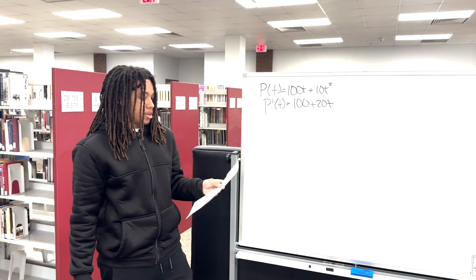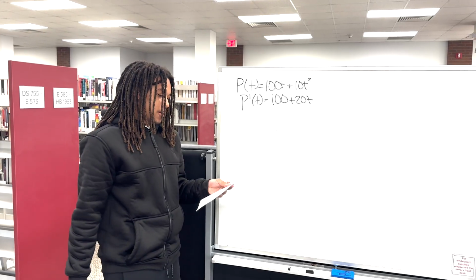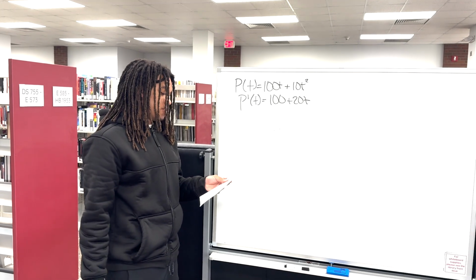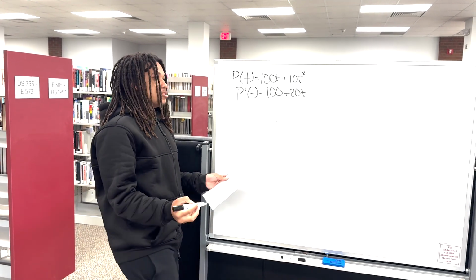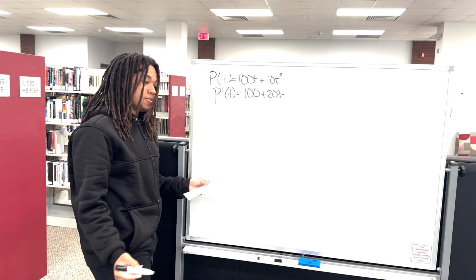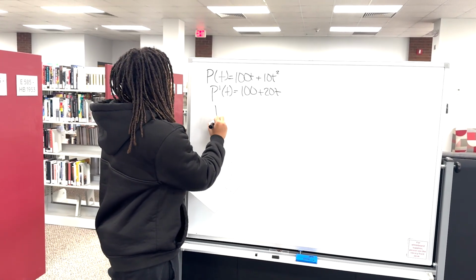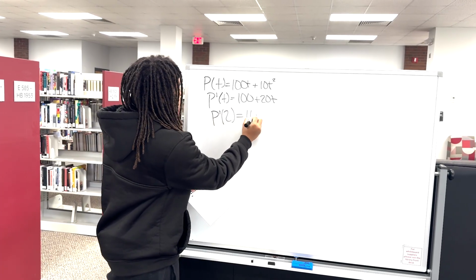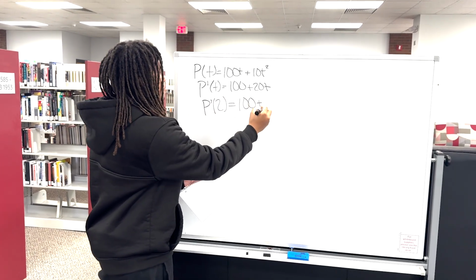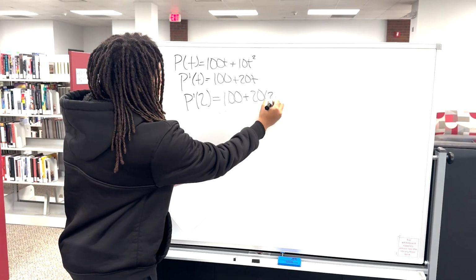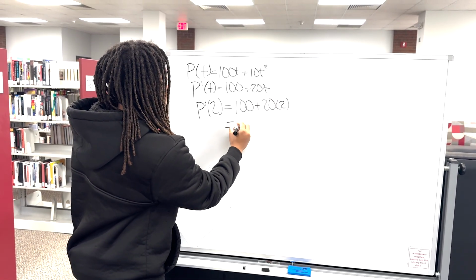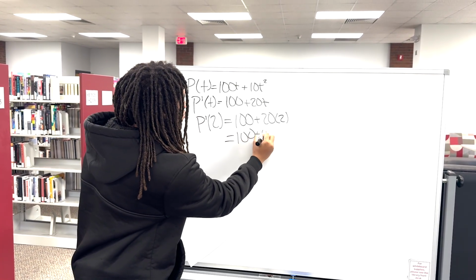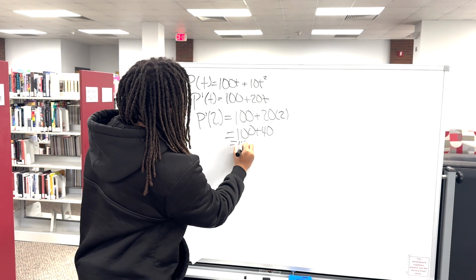And as a result, to figure out how many pages the printing press makes after a certain amount of time, you plug in an integer for T. So for example, we'll do 2, 4, and 6. P prime of 2, you just plug that into the P prime of T equation, and that would give you 100 plus 40, which equals 140.